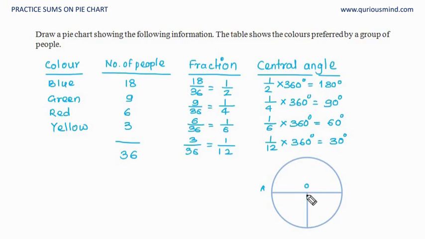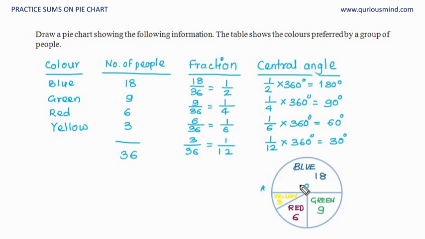Using a protractor I can measure the angle and draw 60 degrees with this as reference. Let me draw that. So now what I get is different pies for the different colors. So let me write that. There are 3 such people, and that's my pie chart.